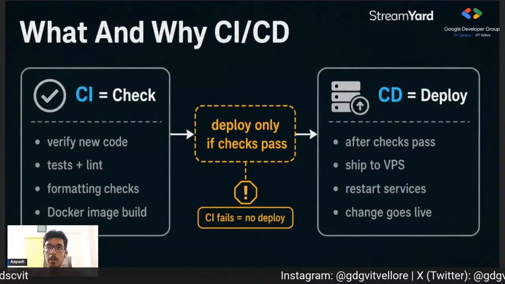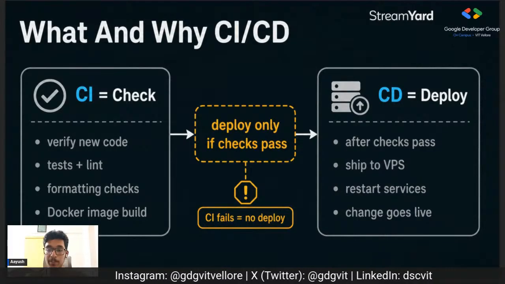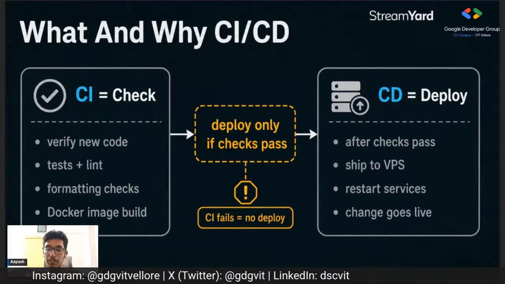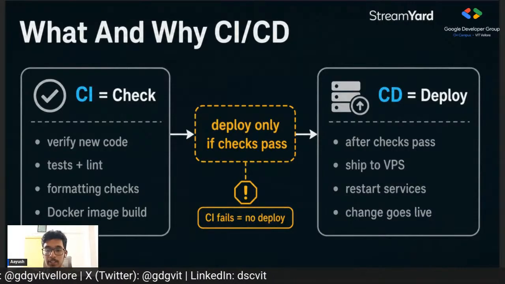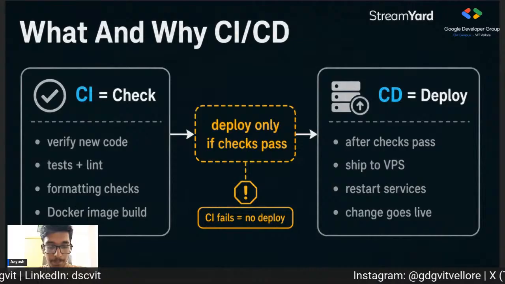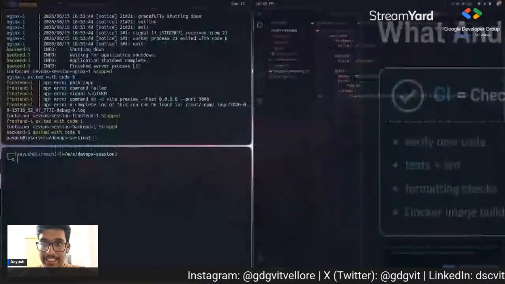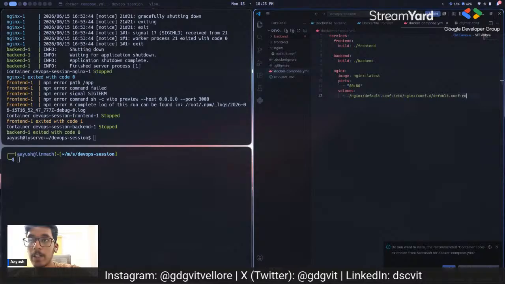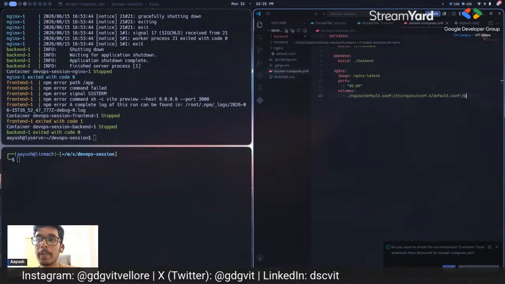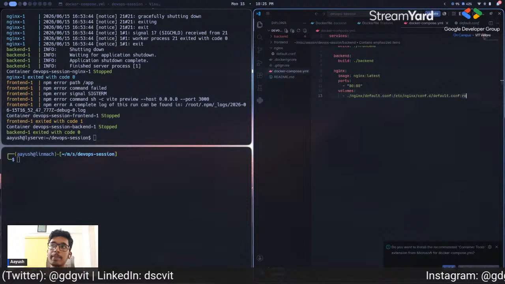If something is broken, we want to find out immediately, and we don't want to deploy that version to production. So for CI/CD, we are going to use GitHub. CI/CD runs on GitHub servers.